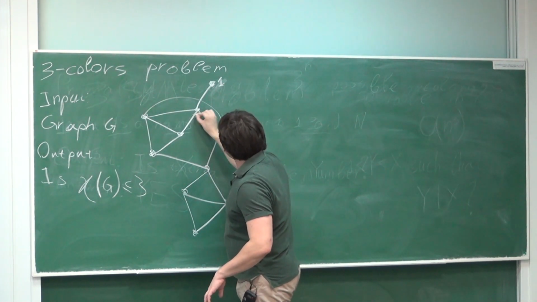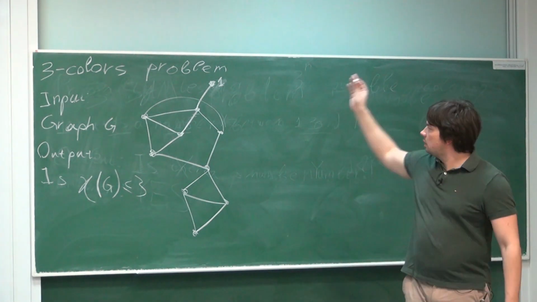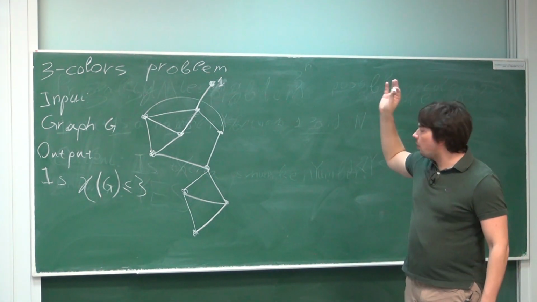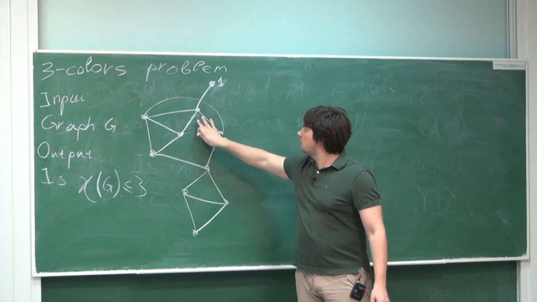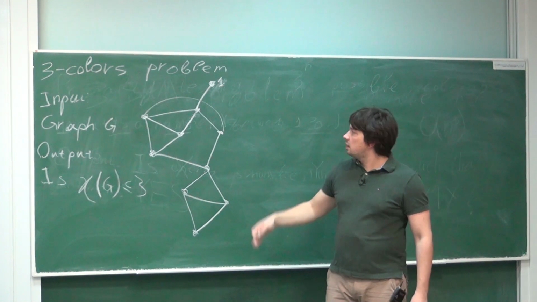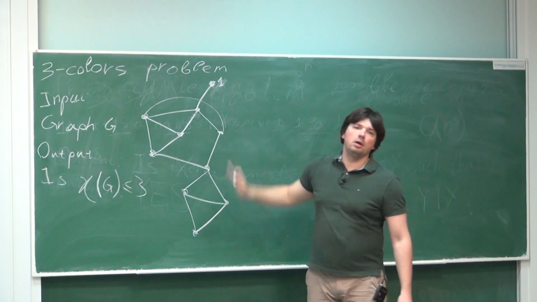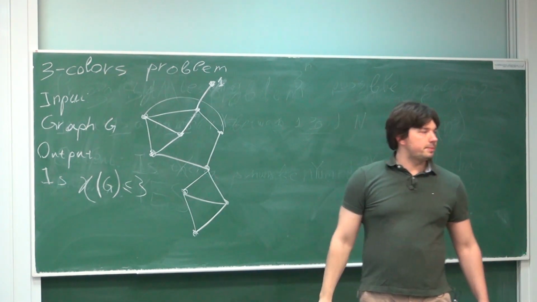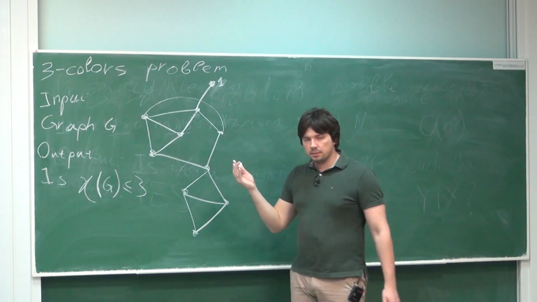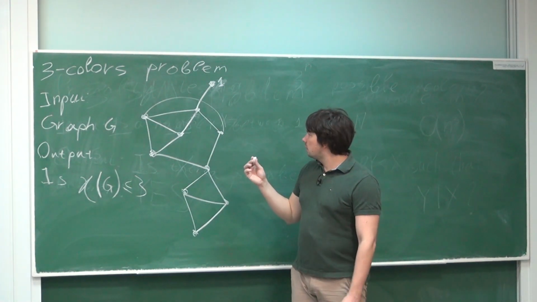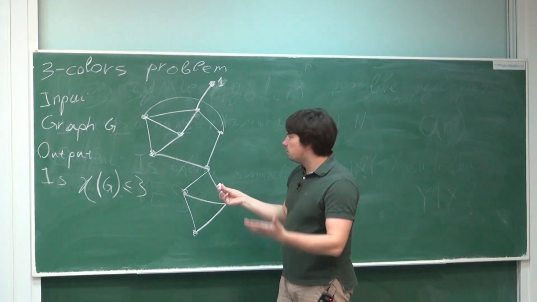But then we can take a look at this node, right? And we already know that this node cannot be color 1, right? Because it is a neighbor of the node with the color 1. So we have two choices. It's either 2 or 3. Okay, so we'll try both possibilities.